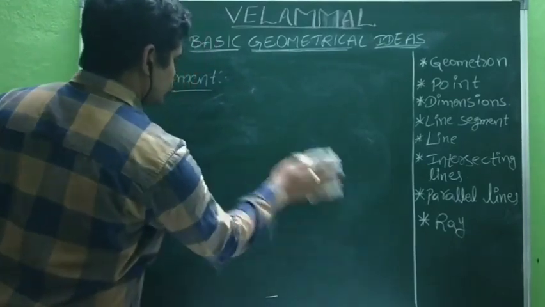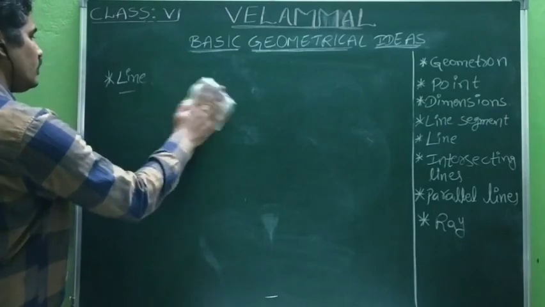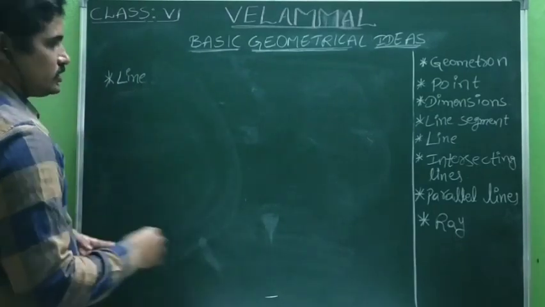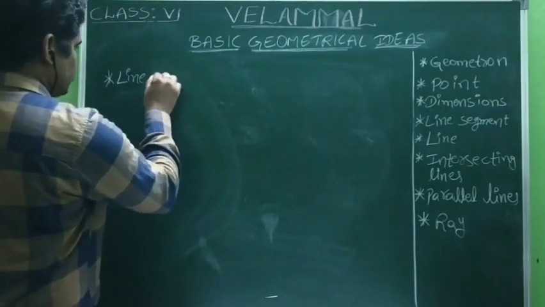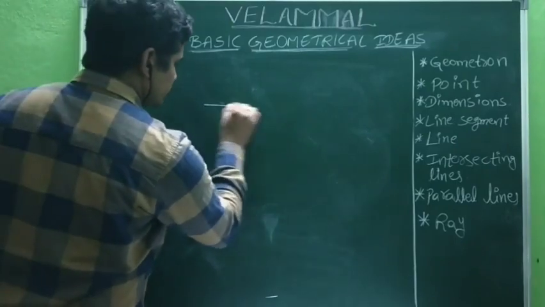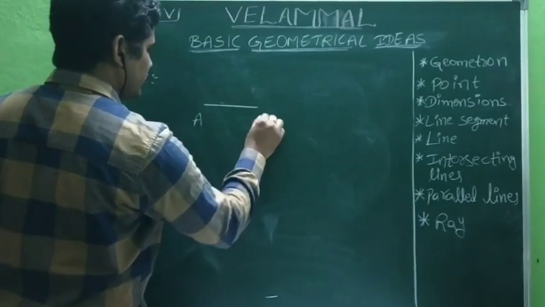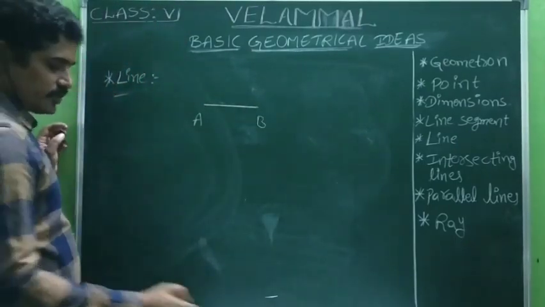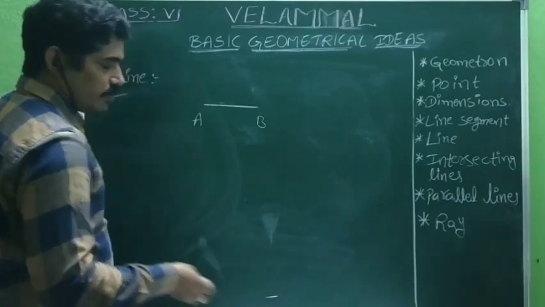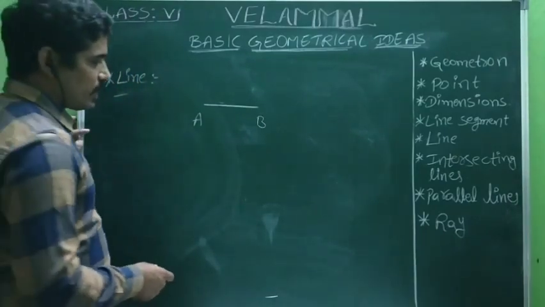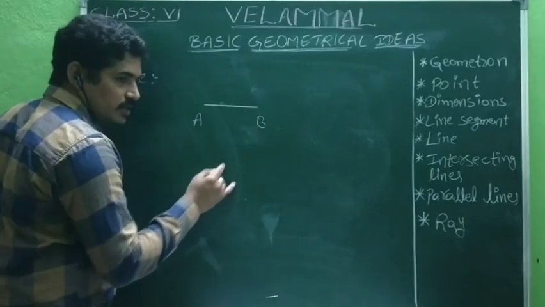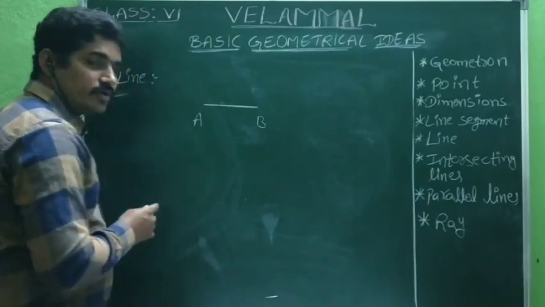Next we are discussing the line. What is a line? Same as the line segment I am taking now. In the line segment, first we need to know the naming of the line segment. How to name the line segment? See, this AB is given. This is the line segment we need to name now.